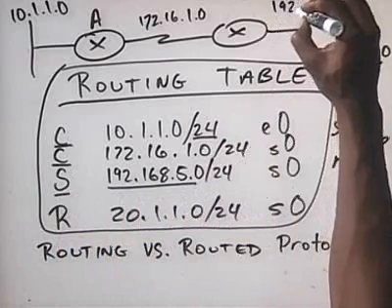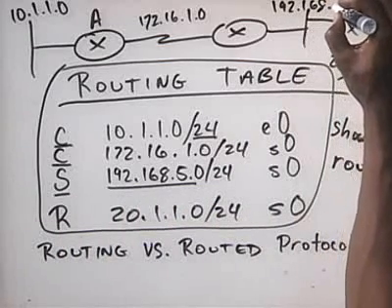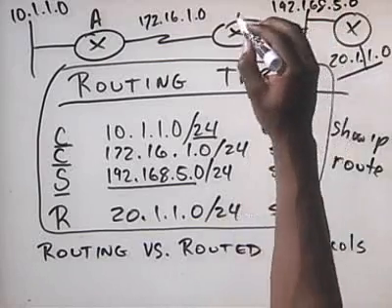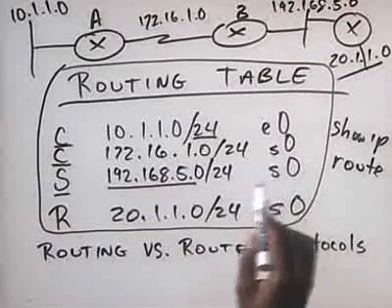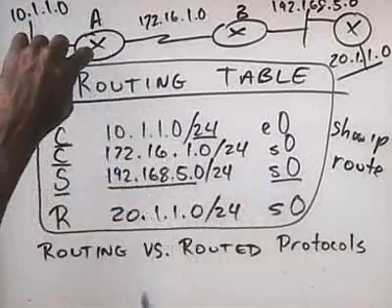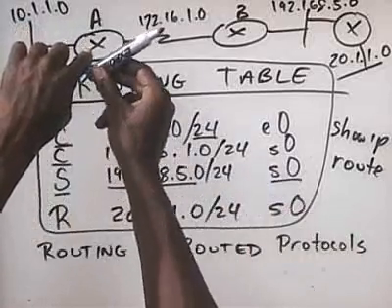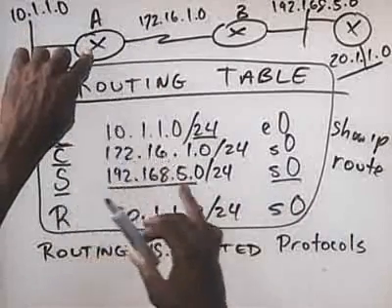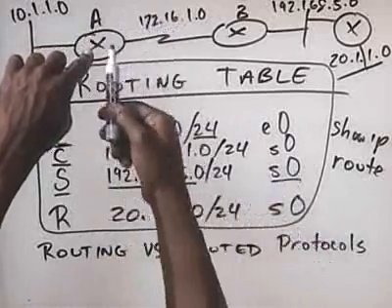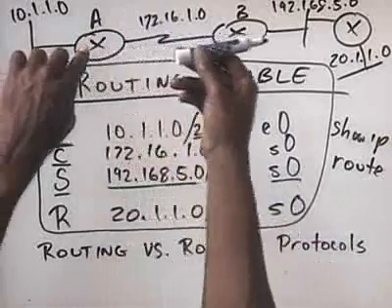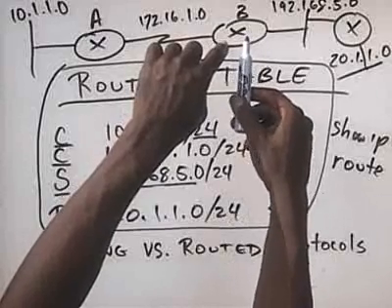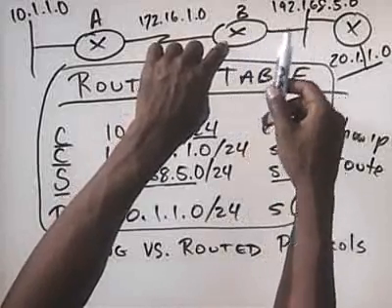Here's that 192.168 network right here. That Ethernet network over here. And that network, of course, is also reachable via serial 0. So from router A, if I want to route a packet over to network 192.168.50, I would route that packet out of serial 0, which is right here, so that it can get to router B. Router B will also have an entry in its routing table indicating that that network is directly connected.